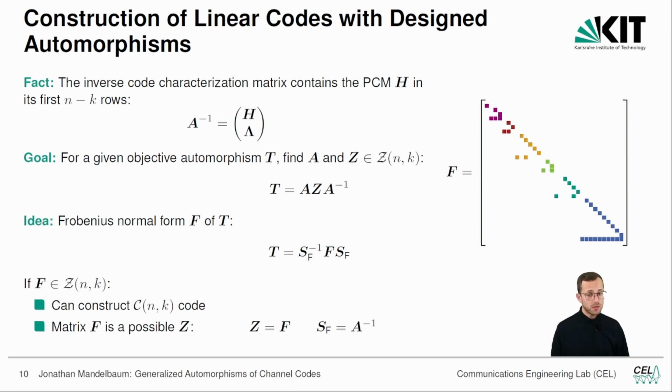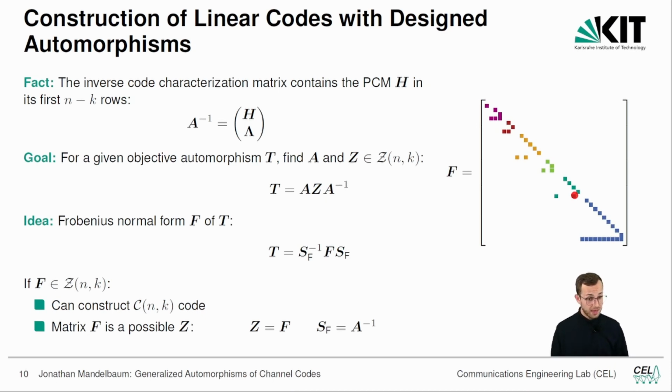And we noticed that the Frobenius normal form F of T, which has the following structure consisting of smaller blocks arranged on the main diagonal, sometimes is of the required form of this set. Therefore, it possesses the zero block in the upper right corner, and the matrix E in the lower right corner is of full rank.